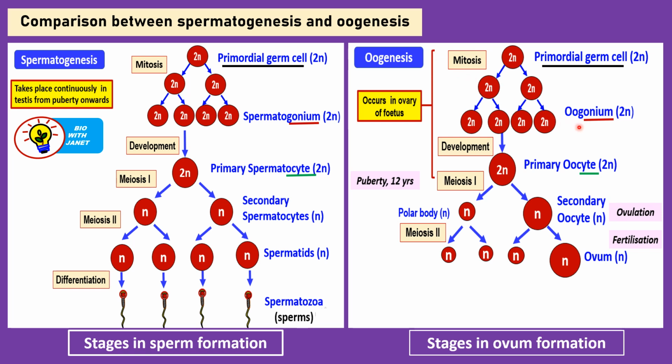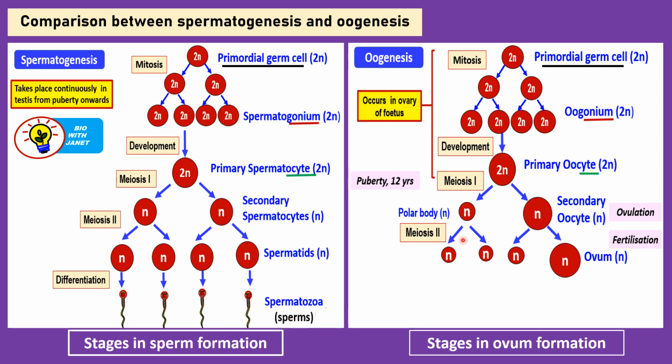But for oogenesis, primordial germ cells undergo mitosis to form oogonium. So the spermato here is replaced by oo. So primary spermatocyte for spermatogenesis, but in oogenesis we have the primary oocyte. The ending remains the same, cyte.